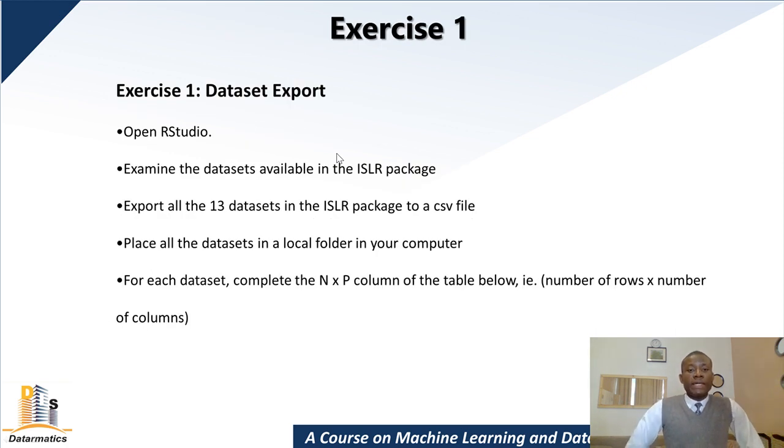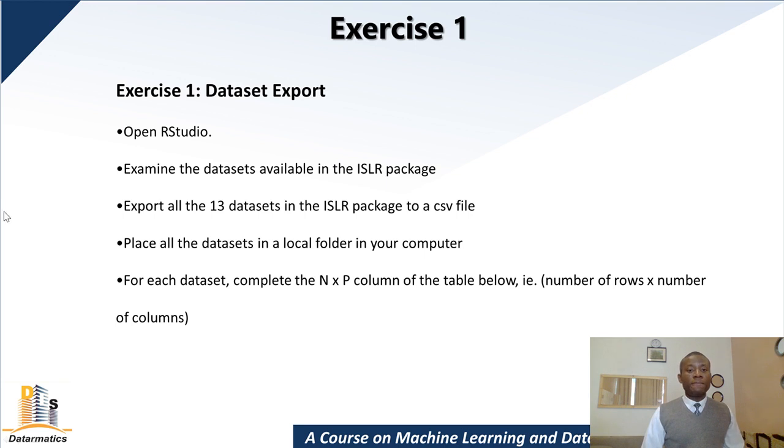At this point, we are now going to do exercise one. Now, this exercise assumes that you have installed RStudio on your system. If you have not installed RStudio and Python, download and install it, or you can keep this exercise pending till module 3, where we install RStudio and Python.